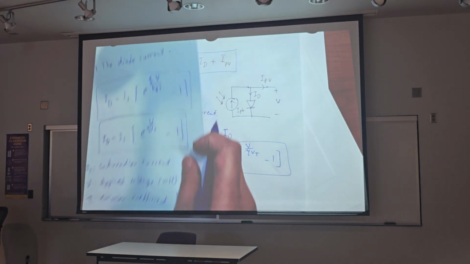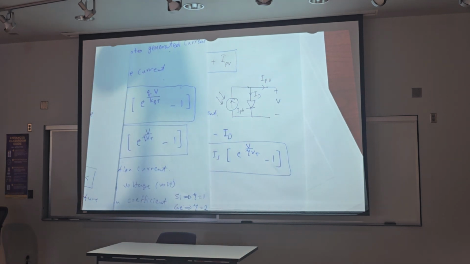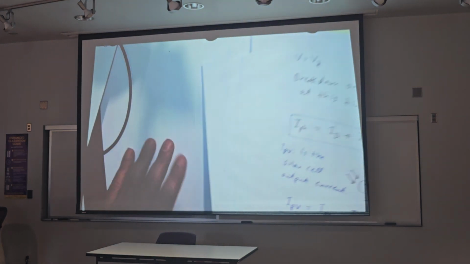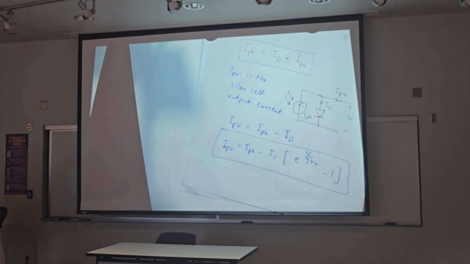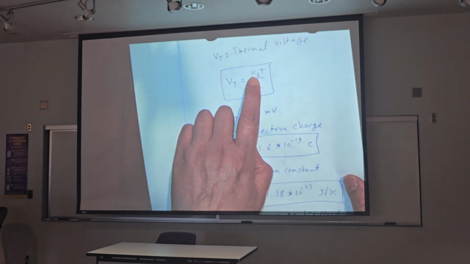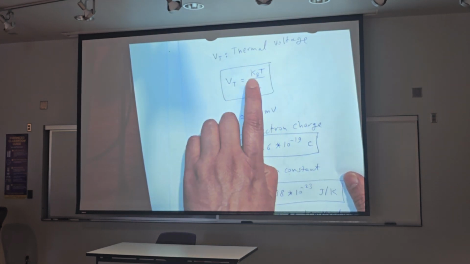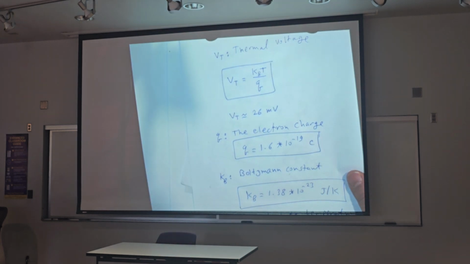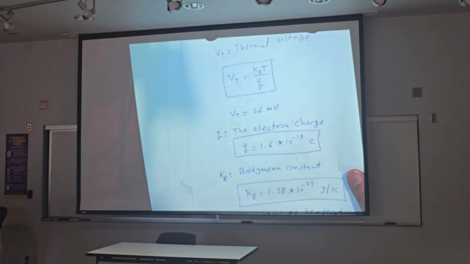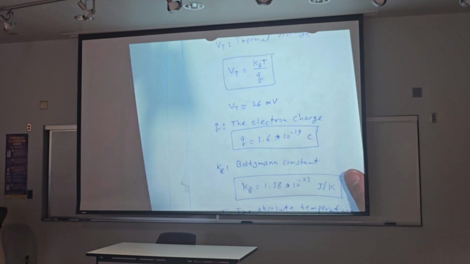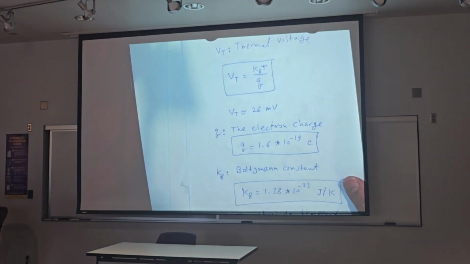Where is V_T? It depends on K, E, Q, T. K and Q are constant. T may be the room temperature, or a different temperature will change it.